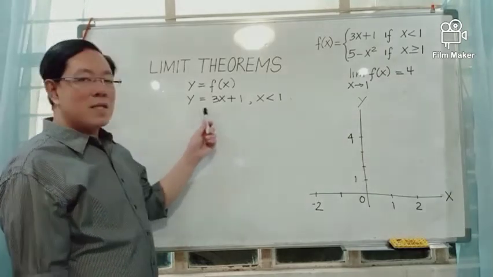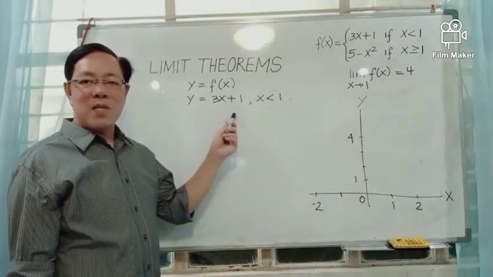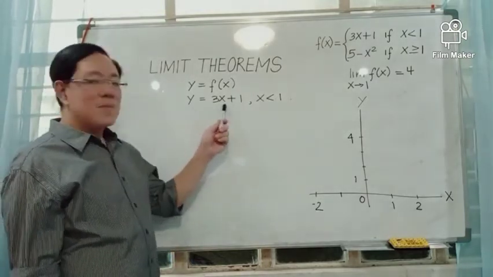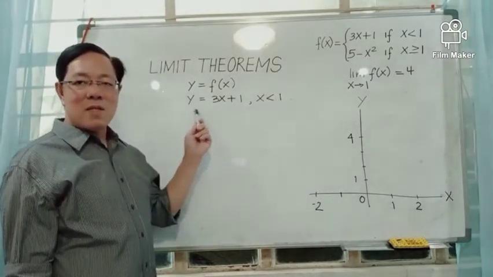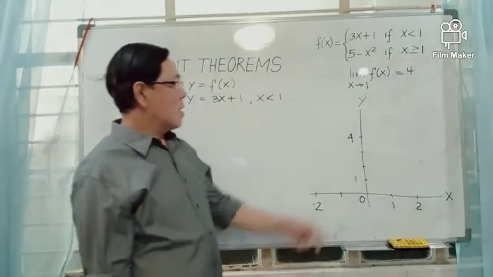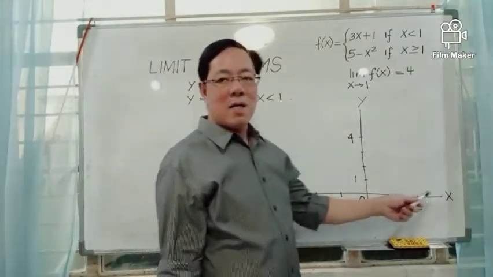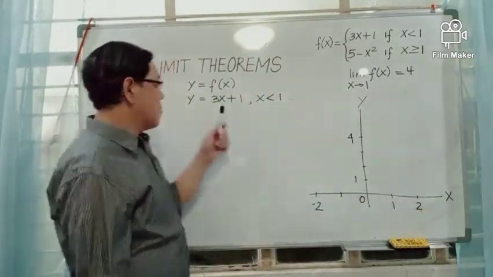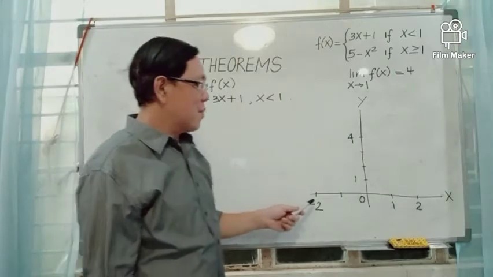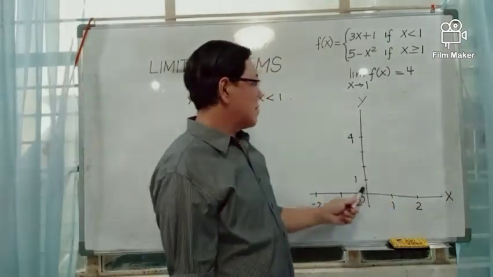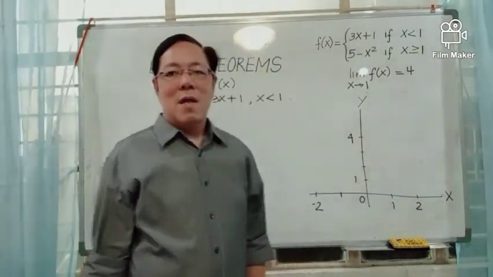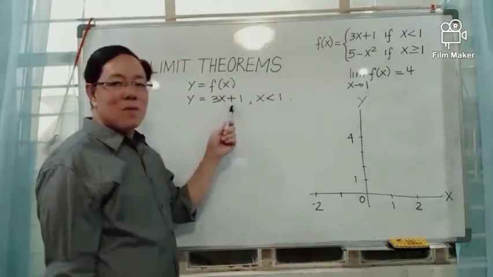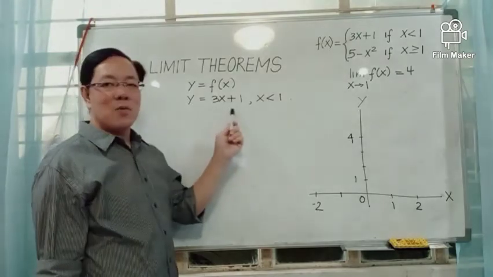And the graph of this linear equation is neither a vertical line nor a horizontal line, which means that the line will have a y-intercept and an x-intercept. That means the line will intersect both the x-axis and the vertical axis. And we will find the intercepts of the line, which is the graph of this linear equation.